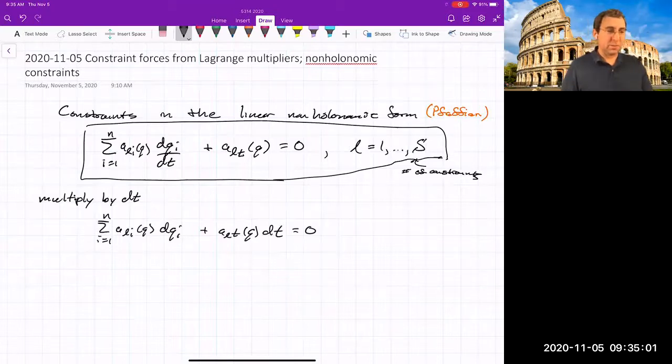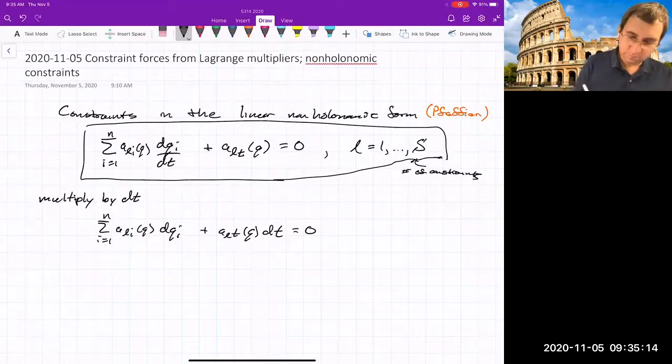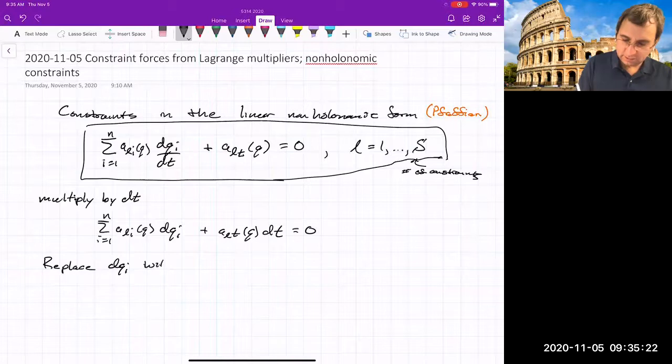So I've got that for each of my constraints. And now I replace the dQs with delta Qs, and I'm treating these as instantaneous virtual displacements. So replace the dQi with delta Qi.